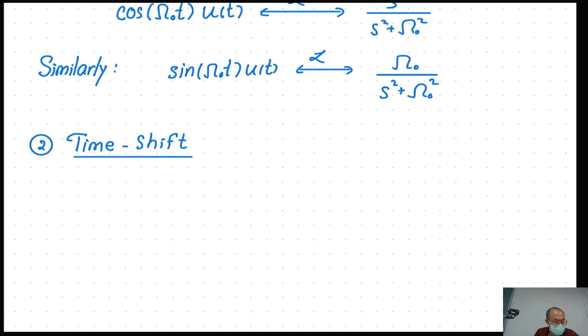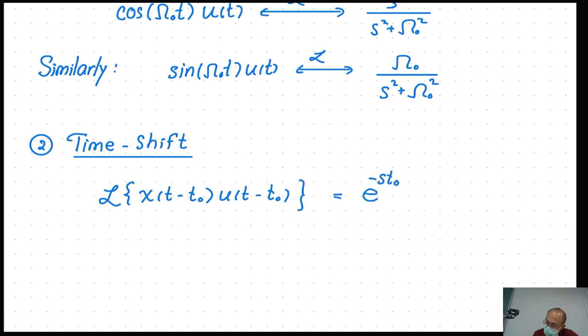The time shift property states that if you do the Laplace transform of x shifted by time t0, what you get is e to the negative s t0 times X(s). In other words, a time shift in the time domain means multiplying by e to the negative s t0 in the s domain.